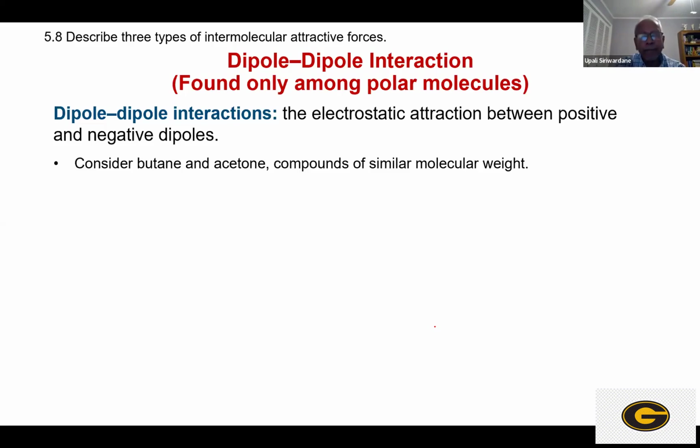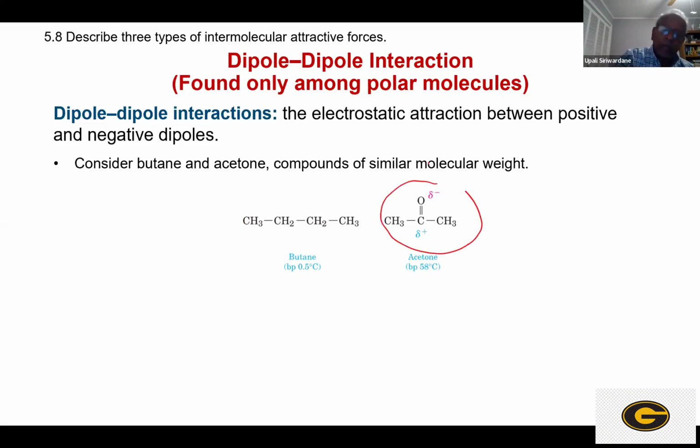Dipole attractions are present in acetone. This is butane. Butane has no polarity. Therefore, it's London dispersion only.